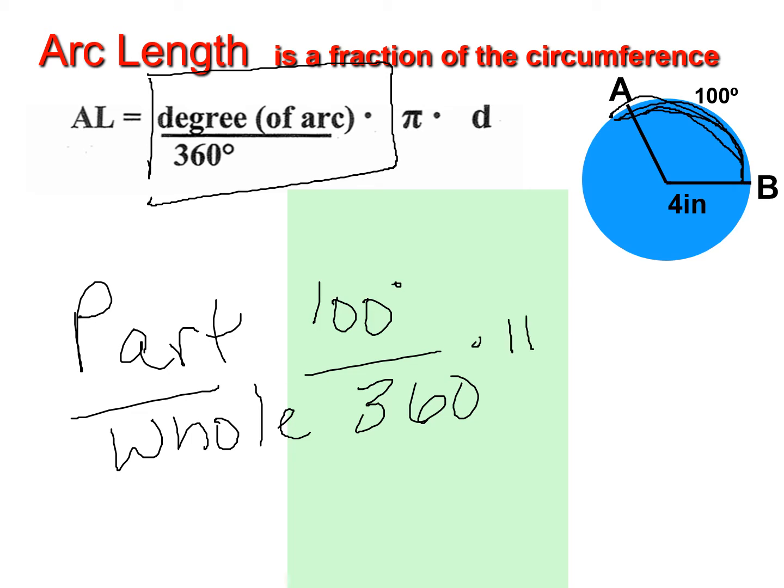And then pi times diameter still. So this is saying a part of the whole circumference. This part was your circumference. So what fraction of the circumference do we have here? So our diameter, remember now, look at the drawing. Is that a diameter? No, that's a radius. So we need to put 8.